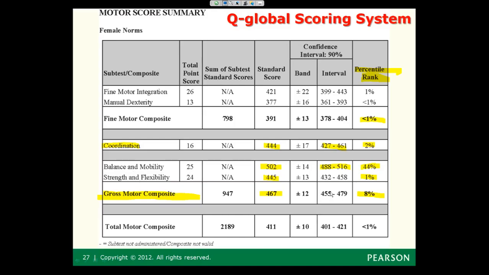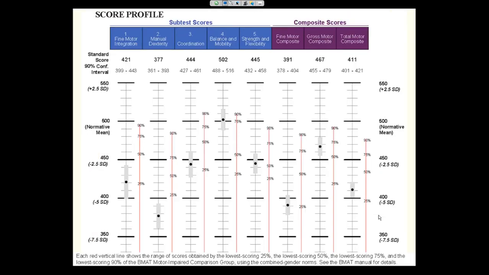But I would probably talk a little bit more about the strengths and weaknesses between each of those subtests. When we're looking overall, her overall standard score of 411 is again below the first percentile. So we're looking at Mary, 79 years old. We do see a lot of pretty significant motor issues with Mary.